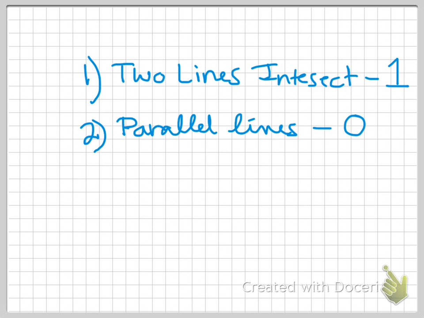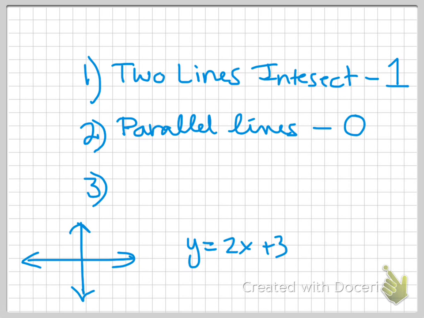Okay, then we have 2 lines that are on top of each other. Something like this, like y equals 2x plus 3, or 2y equals 4x plus 6.